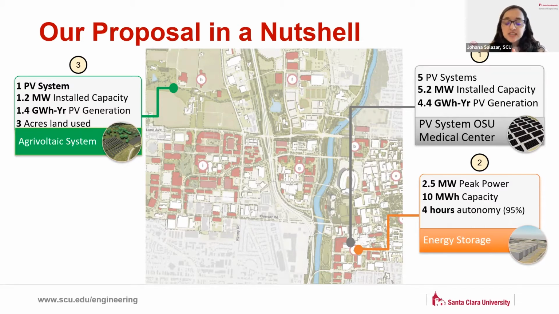We also were tasked to provide an energy storage solution in order to provide some resiliency to the campus. And in order to analyze the feasibility of our design, we also performed a financial analysis and a development plan.